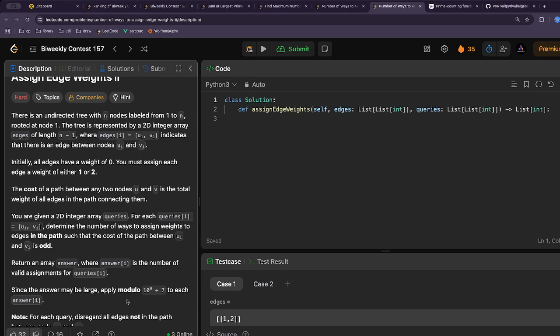So this reduces to responding to these distance queries, right? Distance queries in a tree. And this can be solved with a technique that is called binary lifting.